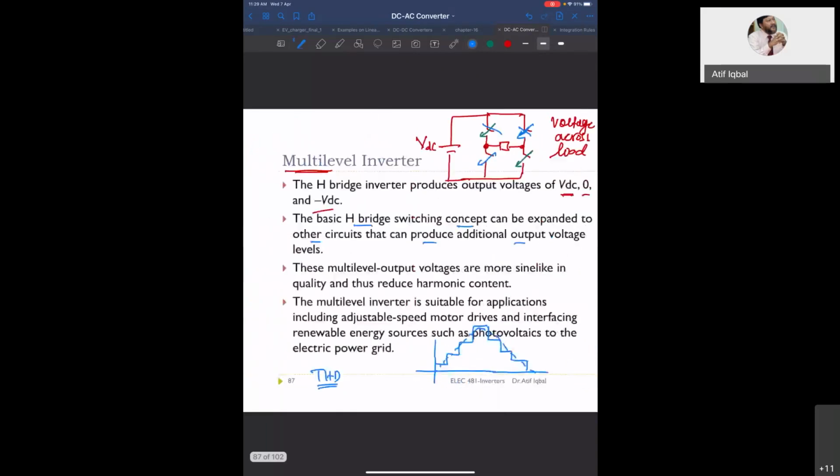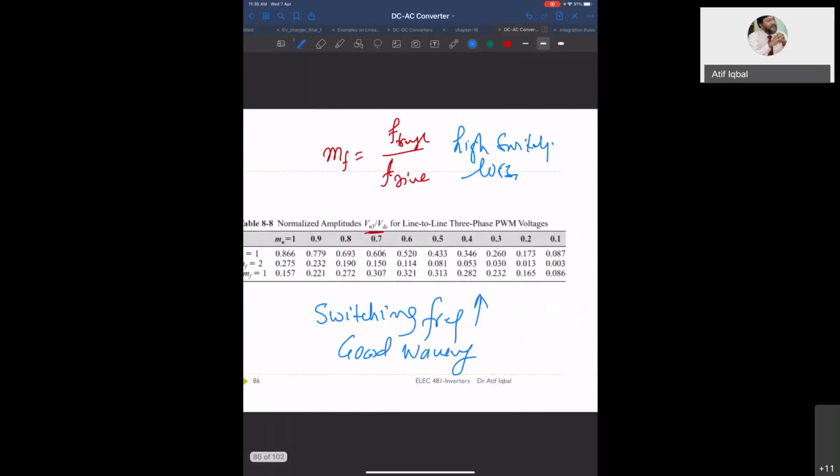Now here you can get similar output power quality at lower switching frequency, because you have many steps in the output, so it resembles more like a sine wave. Moreover, here you see the dV by dt, the rate of change of voltage, is high. Why? Because we have only two levels of the output.